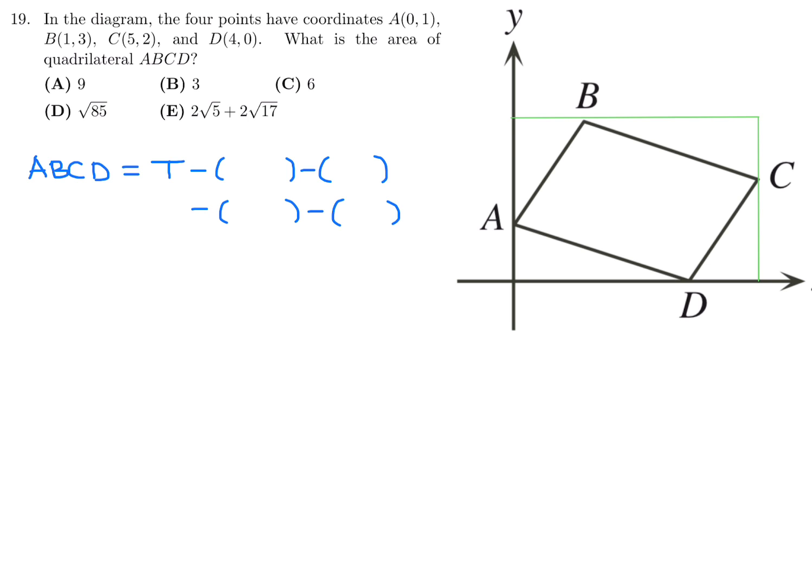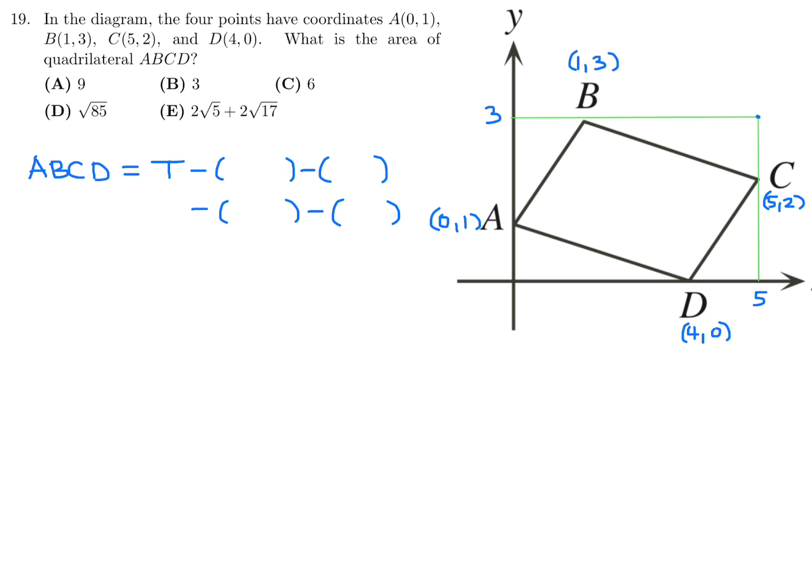So here we go. First, of course, we have to label this. And the good news is they've given us a lot of this already. A is (0, 1) here. B is (1, 3). C is (5, 2). And D is (4, 0). So here we go. 5 is here, since that's (5, 2), and this is 3, since that is (1, 3).